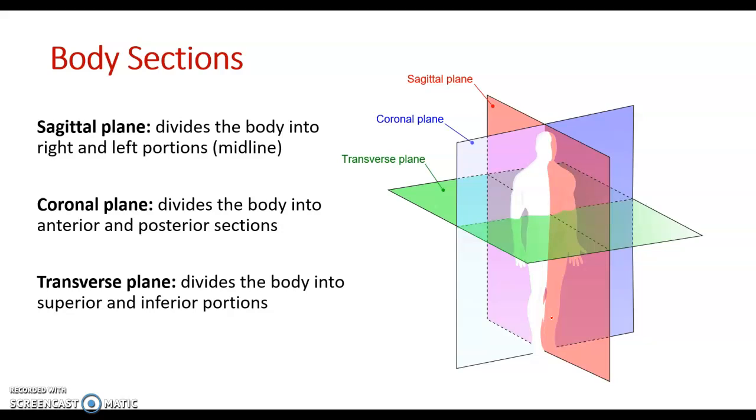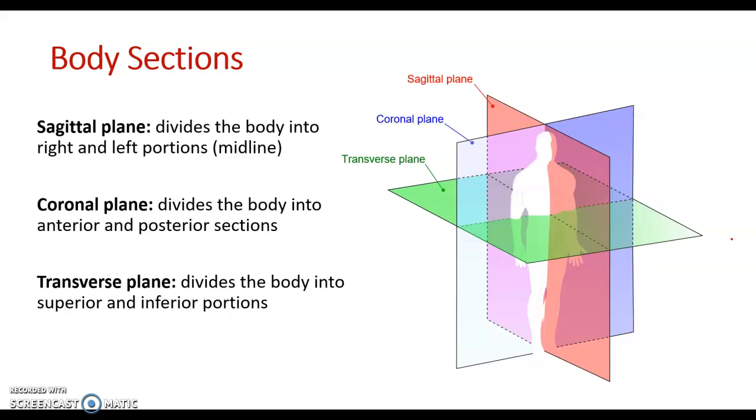The coronal plane divides the body into anterior and posterior. So front, anterior, posterior, back. And the transverse plane divides the body into upper and lower sections, superior versus inferior. That's like the magician's assistant's cut, the transverse plane.